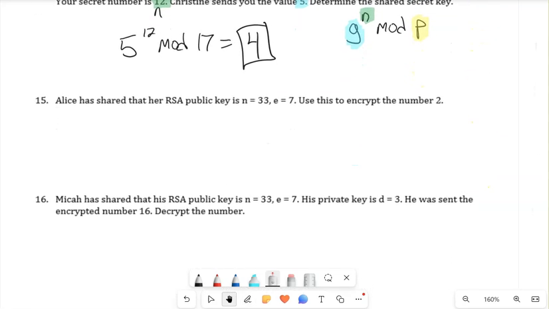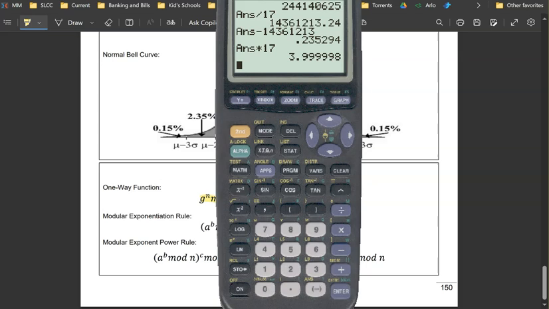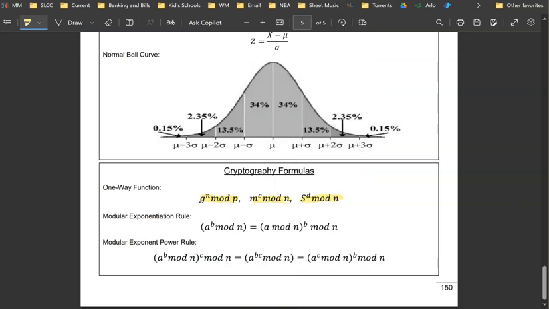Next up, Alice has shared that her RSA public key is n equals 33, e equals 7. Use this to encrypt the number 2. Okay. We have 2 formulas here. The E is for the encryption, E. The D is for the decryption.